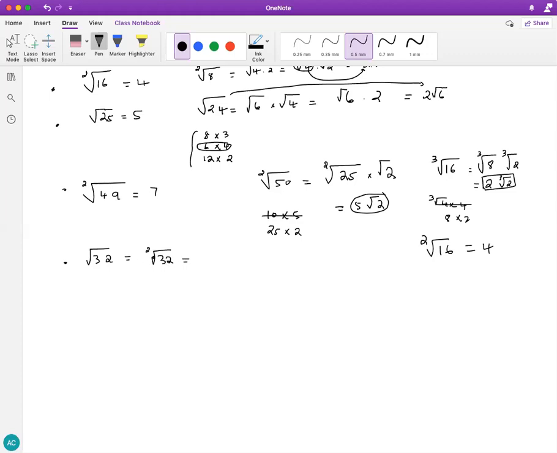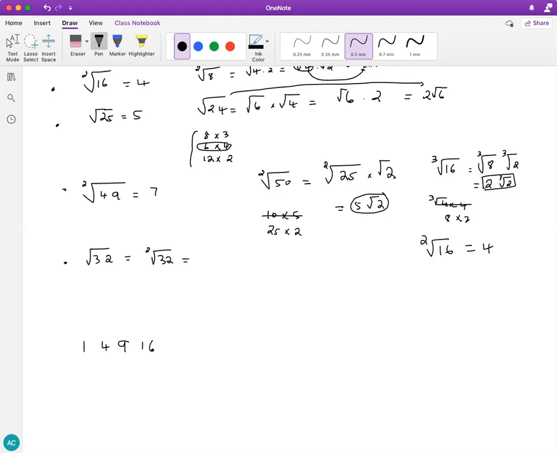Now, the square root of 32 is not a whole number. So the squares that are known to us are these. Square root of 1 is 1. Square root of 4 is 2. Square root of 9 is 3.